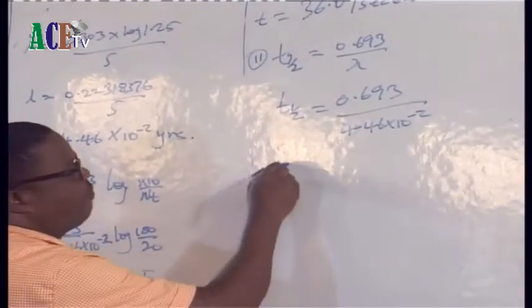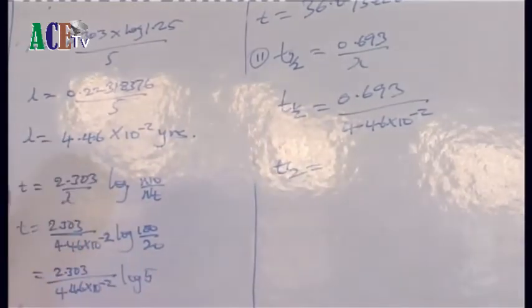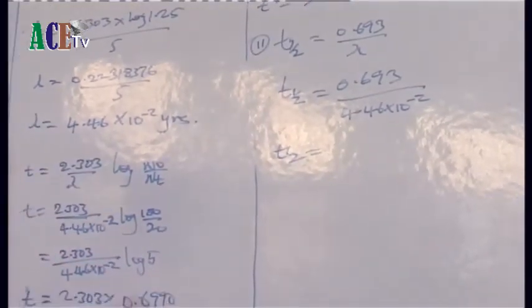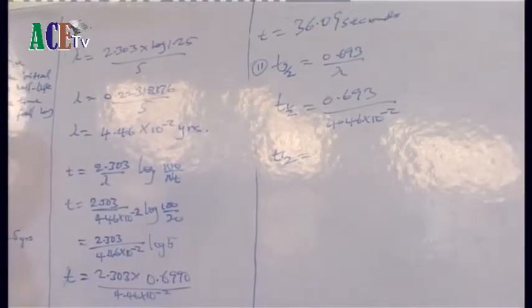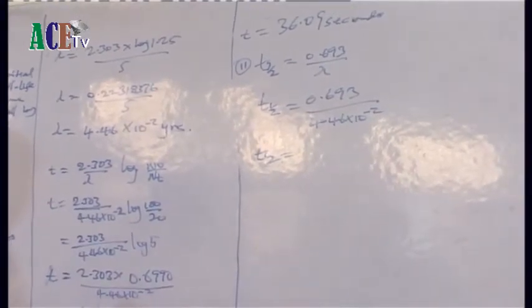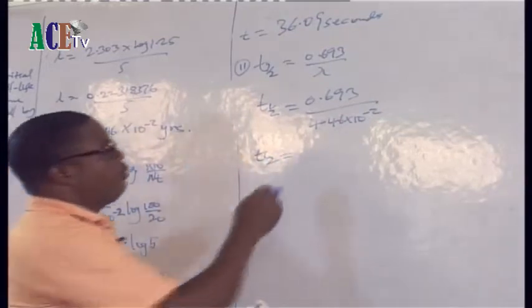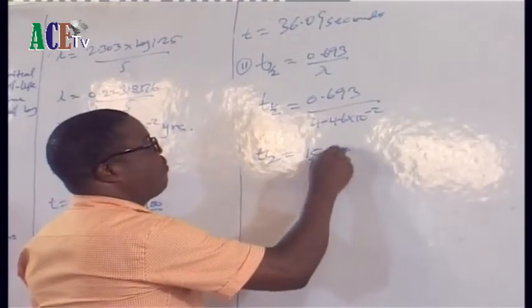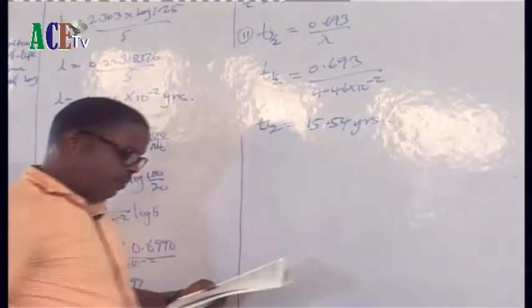When you divide that, we have T half to be equal to 15.54 years. So that is our T half there.